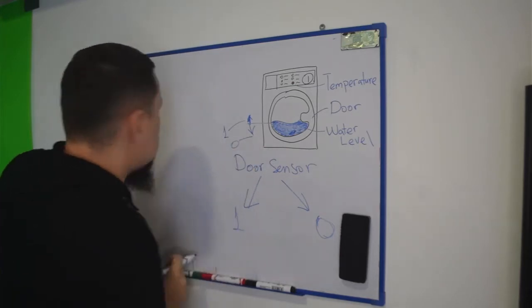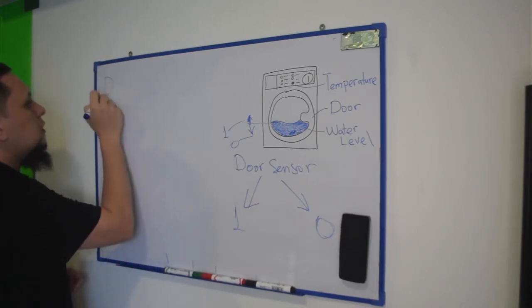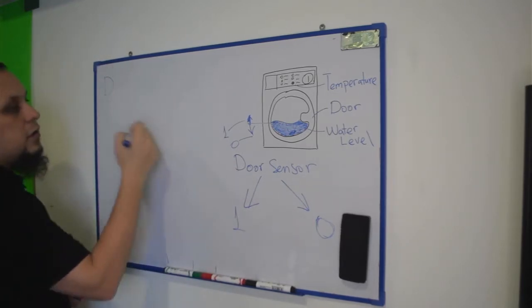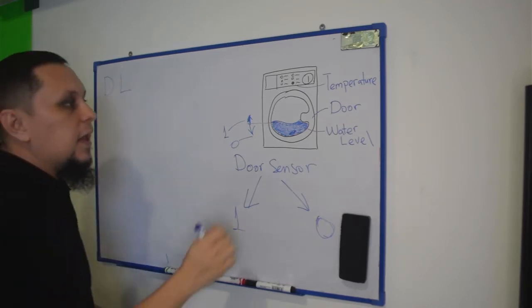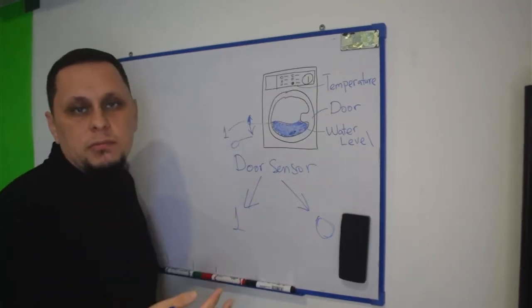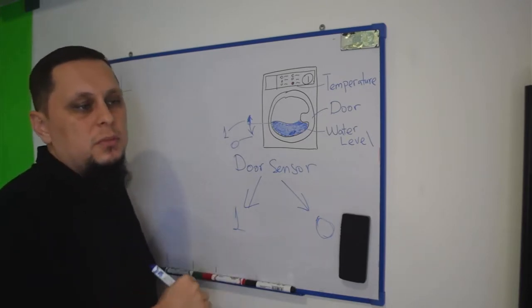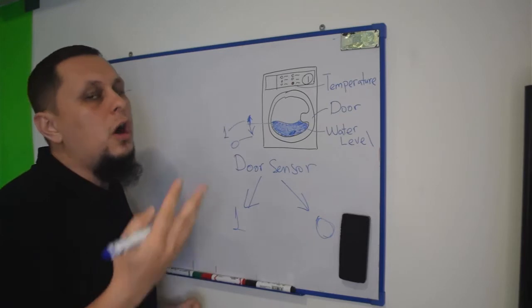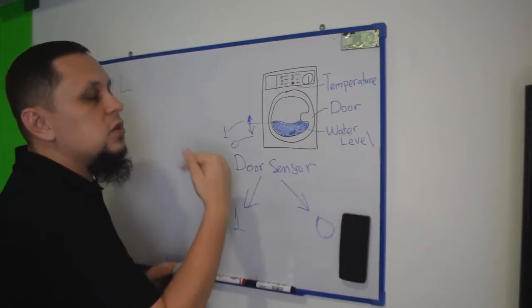So let's write these inputs. The first input is the door, we call it D. Another input is the water level, so let's call it L, for level. Then the third input is temperature. Let's say you want to wash your clothes at a certain temperature, maybe in cold water or hot water. So there is one more sensor here that will check the temperature.